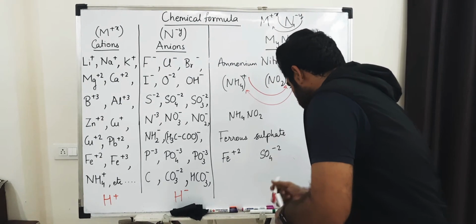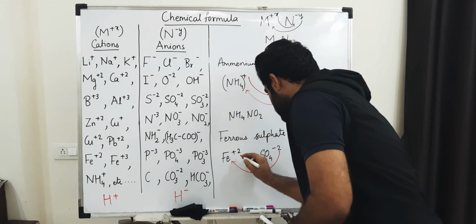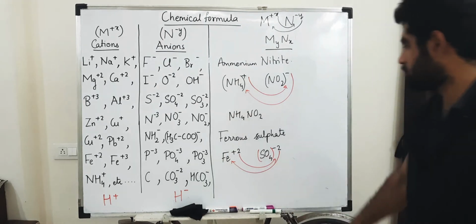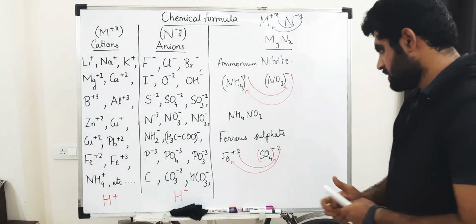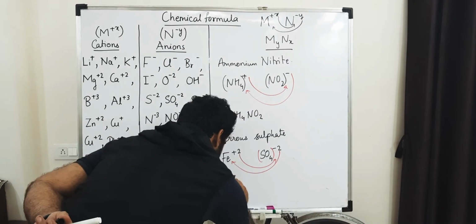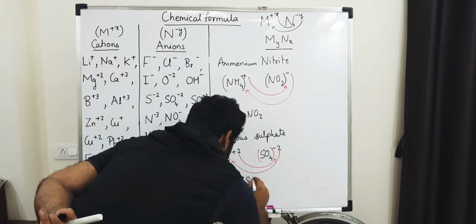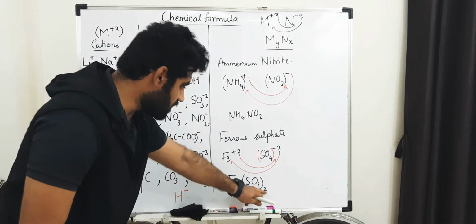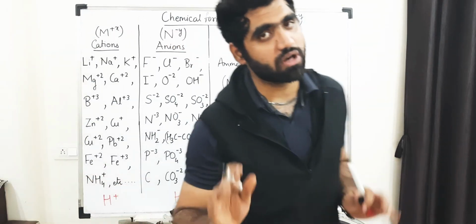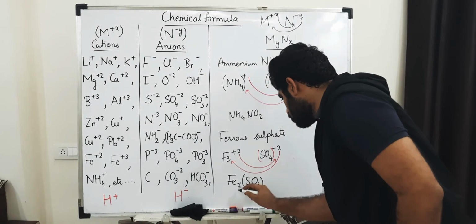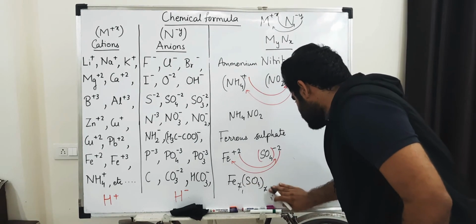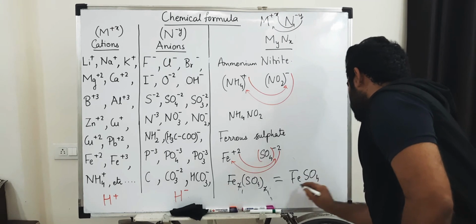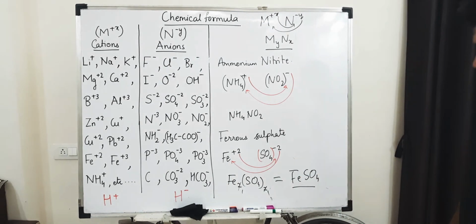This 2 of SO4 moves to the bottom, and this 2 of Fe moves to SO4, resulting in formation of Fe2(SO4)2. So what you can see, both are 2, so as I said, lowest possible ratio. Both being multiples of 2, we reduce them, resulting in formation of the compound FeSO4, ferrous sulfate.